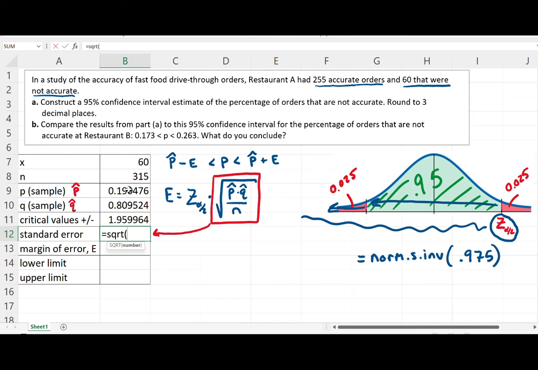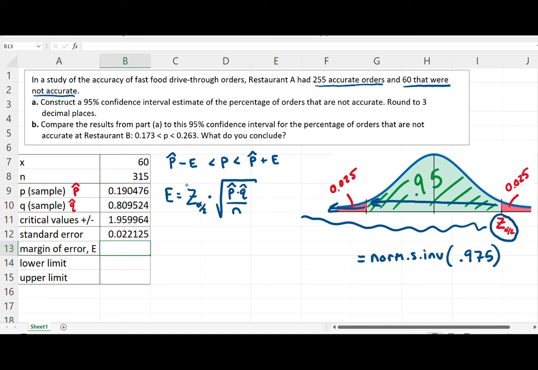So we could say sample p is right there, times sample q, which is right there in B10, divided by n, which is the 315. So B9 times B10 divided by B8. And that should give us the standard error.